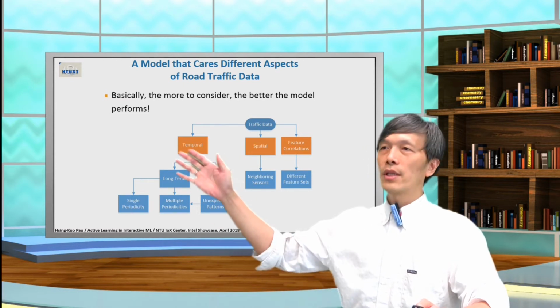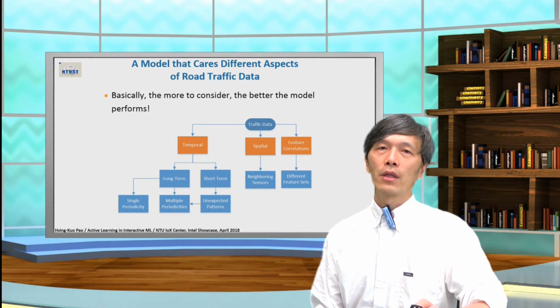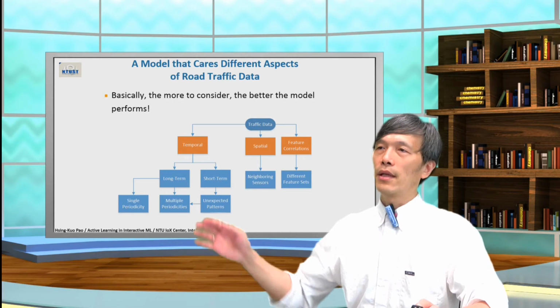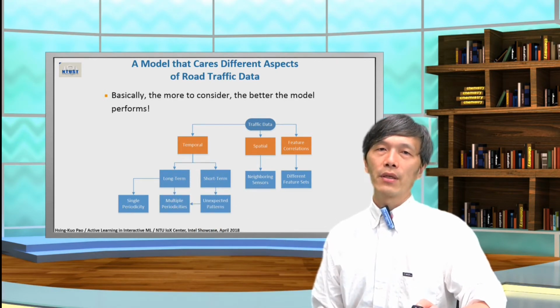If we focus on the temporal dependency, we also talk about long-term dependency and short-term dependency. For the long-term dependency, there will be different periodicities involved, such as for the traffic data, the daily periodicity and the weekly periodicity. That we can all imagine.